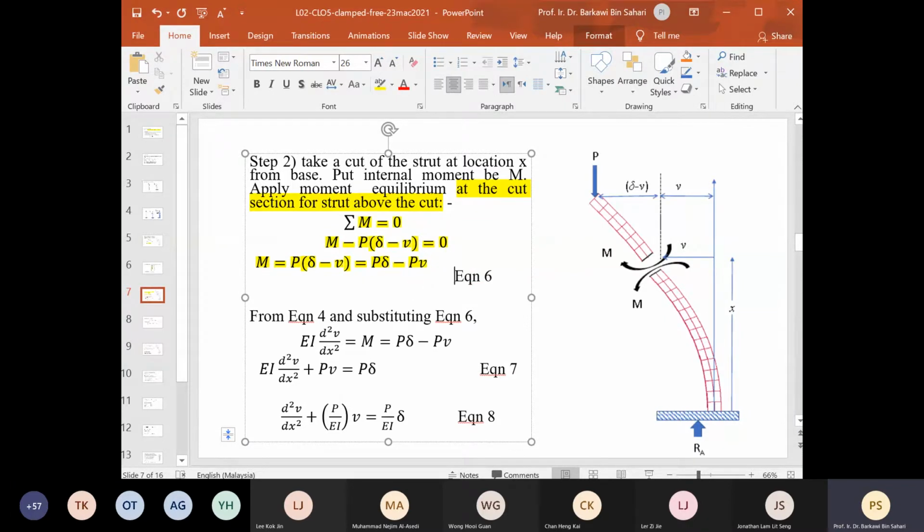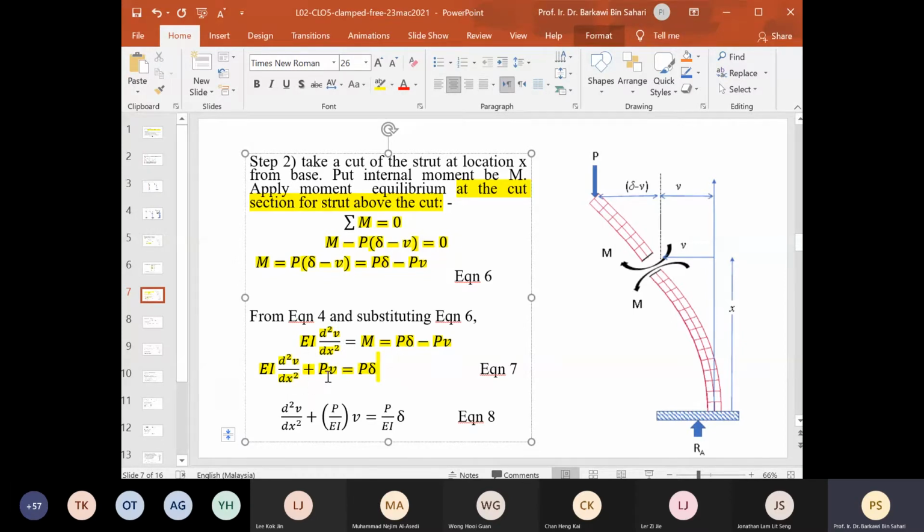Now we rearrange this to get M equal to EI d2V dx square, and this is equal to P delta minus PV, and we get EI d2V dx square plus P multiplied by V equal to P delta.